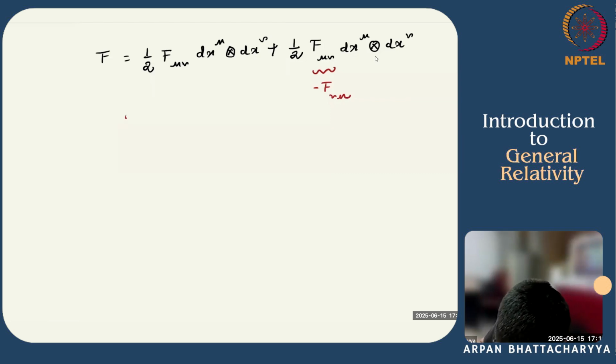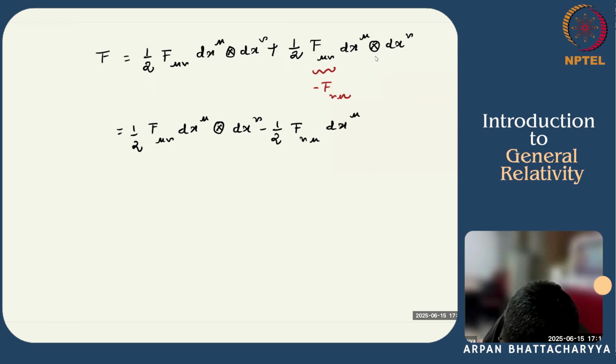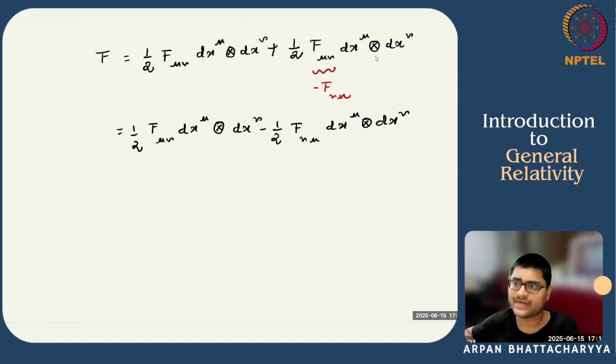So we get the following: half of F_mu nu dx^mu tensor dx^nu minus F_nu mu dx^mu tensor dx^nu. Note that these mu nu indices are contracted, so they are dummy indices and I can relabel them.